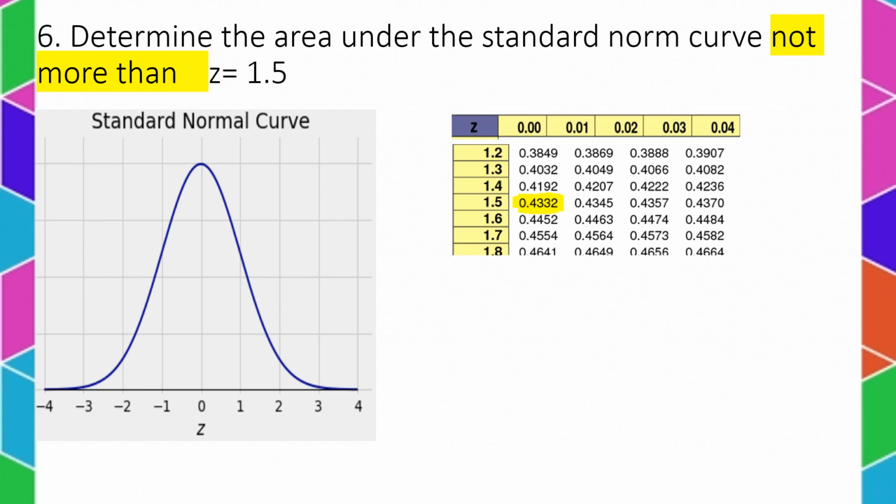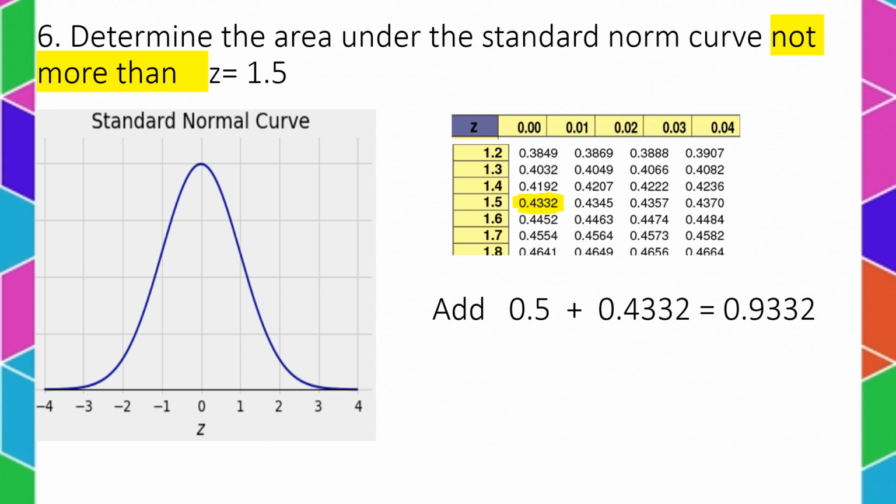So we have 0.4332. Okay, so since ang ginamit na expression is not more than and our z-score is positive, so we need to add 0.5 plus 0.4332 is equal to 0.9332.